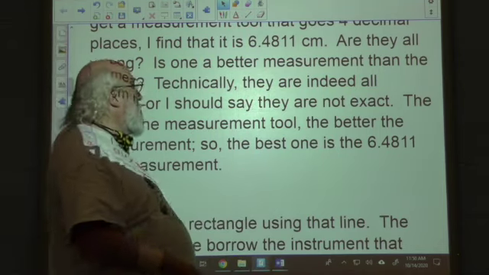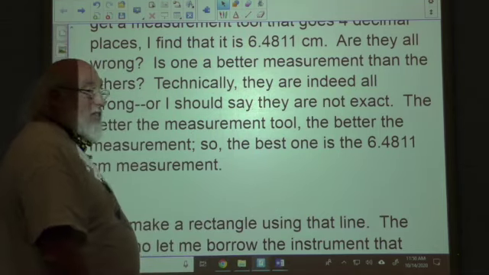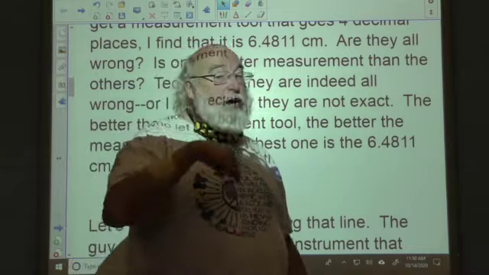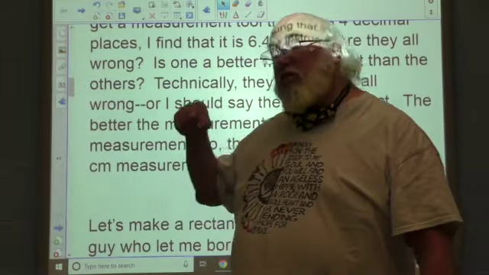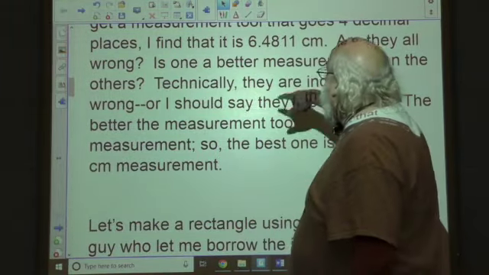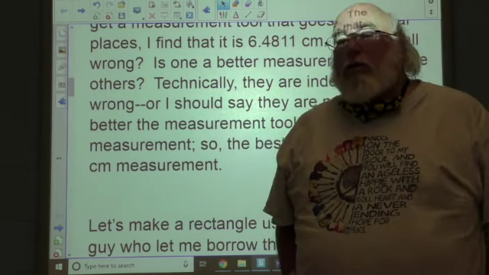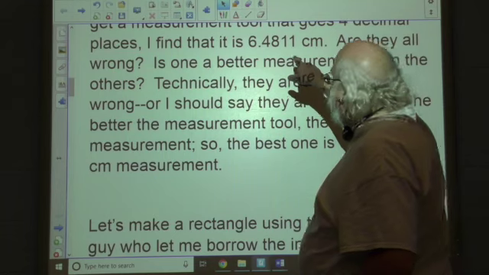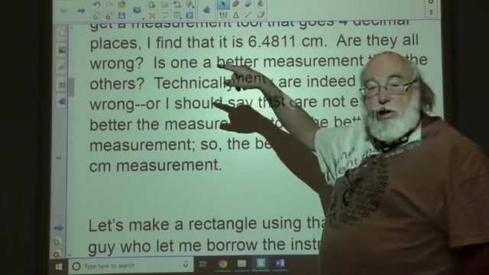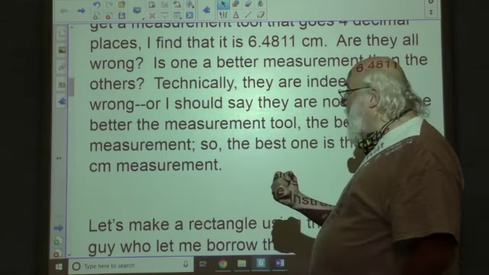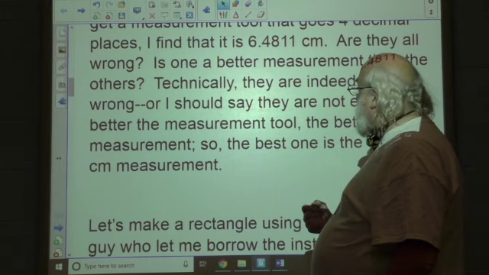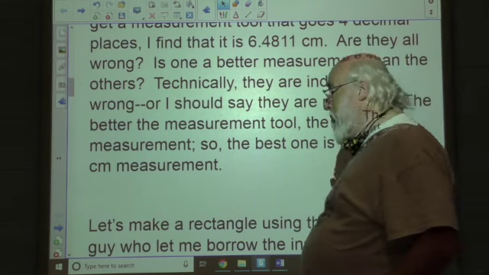Yes, 4 decimal places. That's not a perfect one, but it's certainly better than the 6.5 and the 6.48. So now that 1 becomes the doubtful digit, not the first one, the second. It's been rounded off to that, because we don't know what's going to be past that. Okay? So that's our best one.